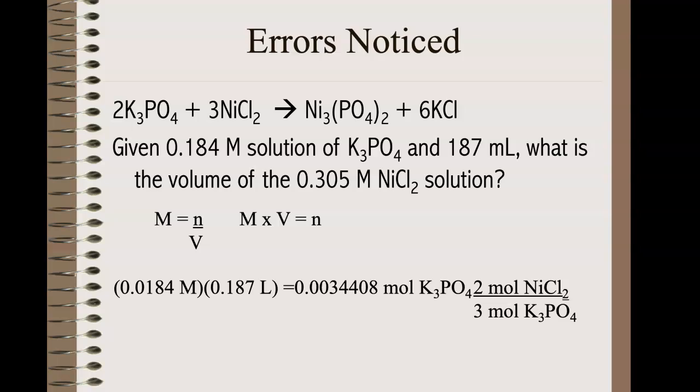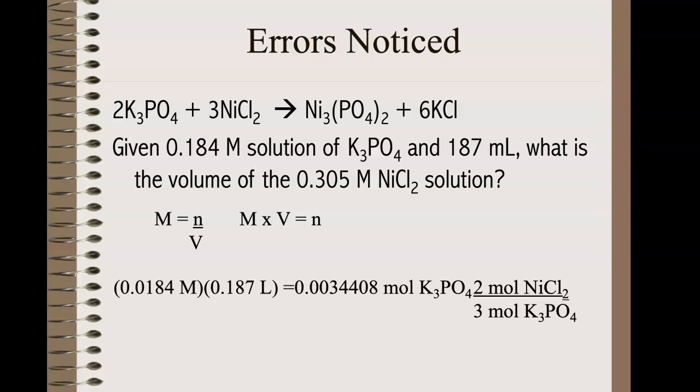Now, in the problem, for the correct answer, they used 2 moles of nickel chloride, and they meant 3. And they used 3 moles of K3PO4, but if you look at the balanced equation, it was 2 moles of K3PO4. So maybe if you didn't figure that out after the first time, you may have gotten the wrong answer here, and many of you did. And so, as I said, I will be correcting for that.